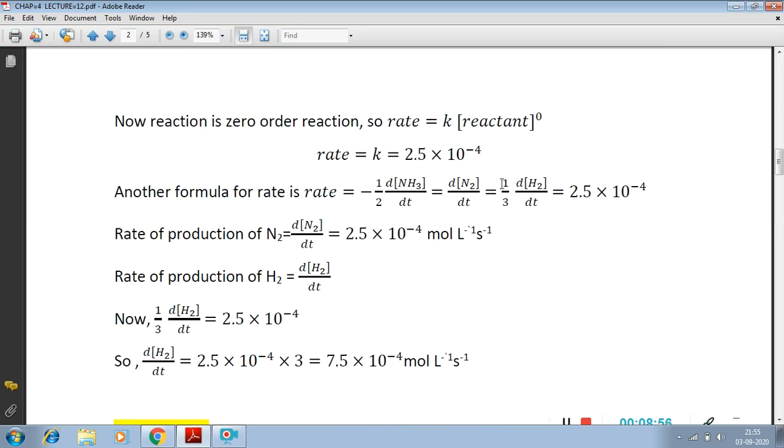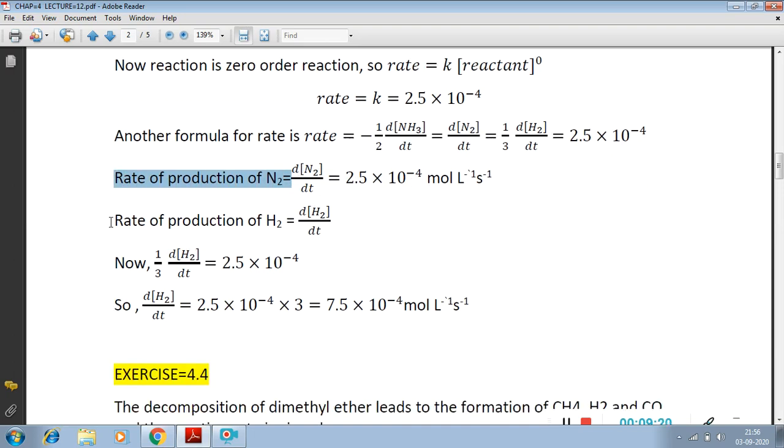So this equation, if we calculate, rate of formation of N2 is equal to 2.5 into 10 raised to minus 4. So here I have written rate of production of N2 is equal to dN2 by dt is equal to simply 2.5 into 10 raised to minus 4. Now rate of production of H2 is equal to dH2 by dt.